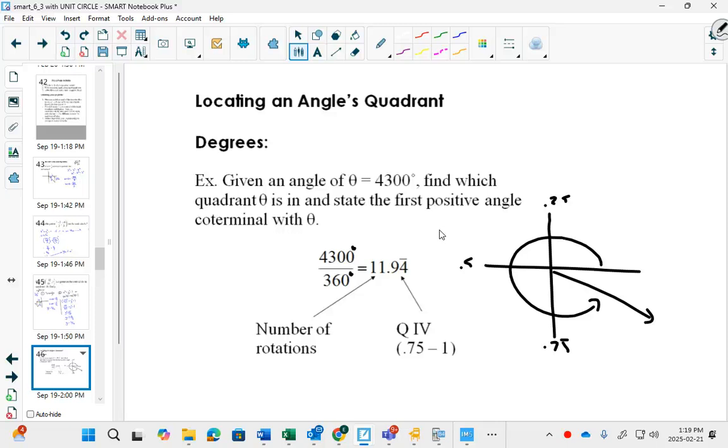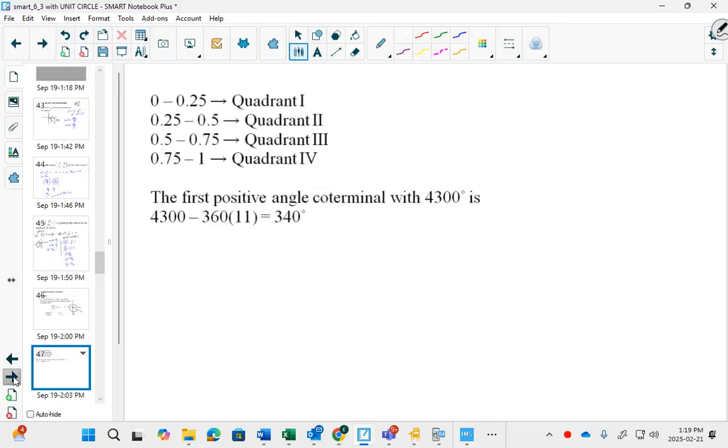So if I started with 4,300, I would probably, mental math-wise, subtract 360 degrees 10 times to start with, just because the mental math is easy. That makes 3,600.